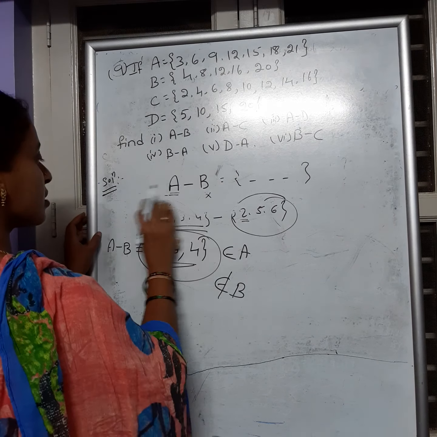Now you understood the definition of the difference of sets. That first one, what is that? A minus B. So what are the A elements?